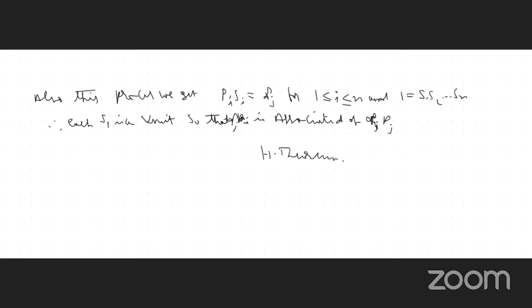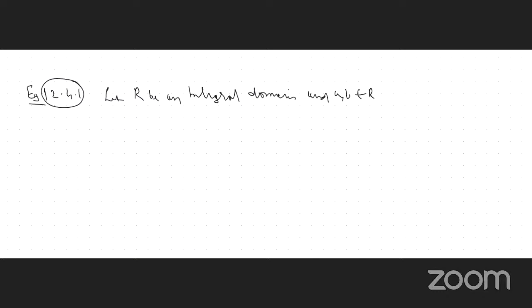Next, Exercise 4.12.4.1. This is also a theorem. Consider the statement: Let R be an integral domain, and a and b belong to R. Then prove the following properties.